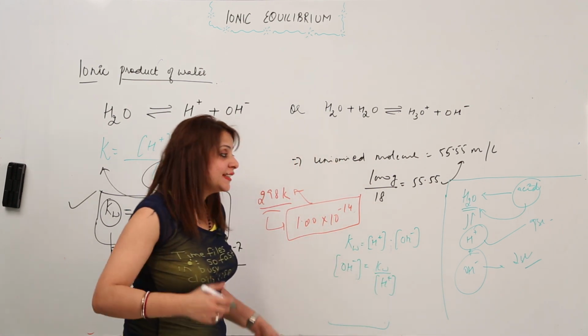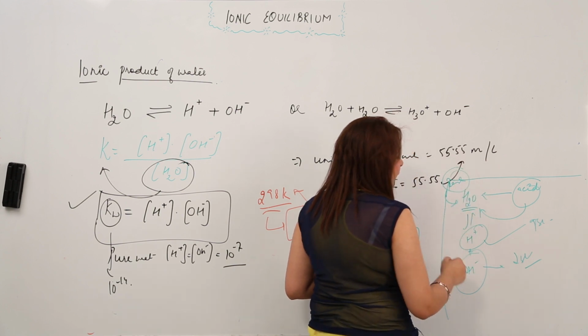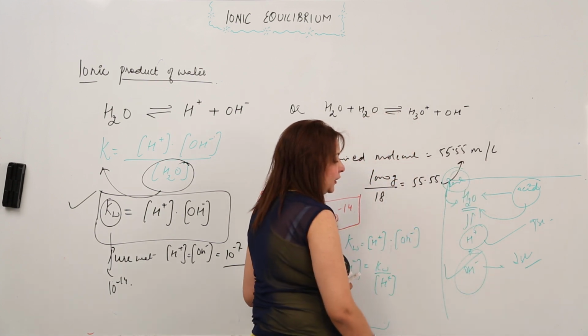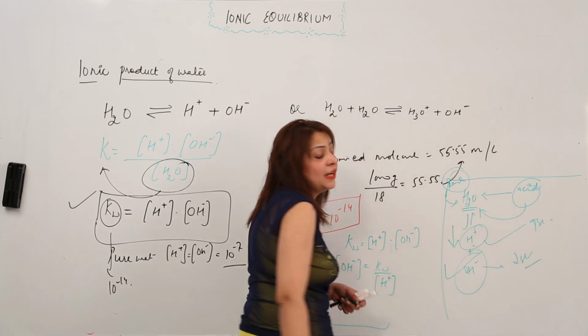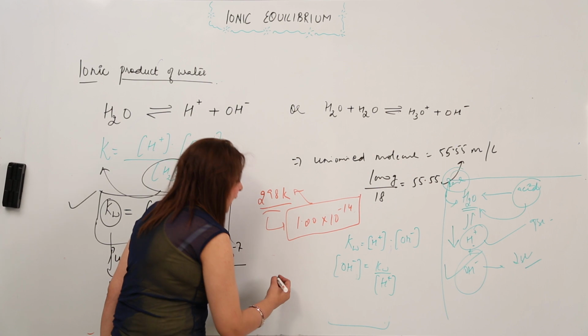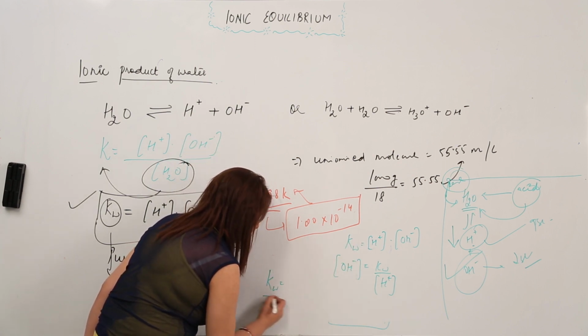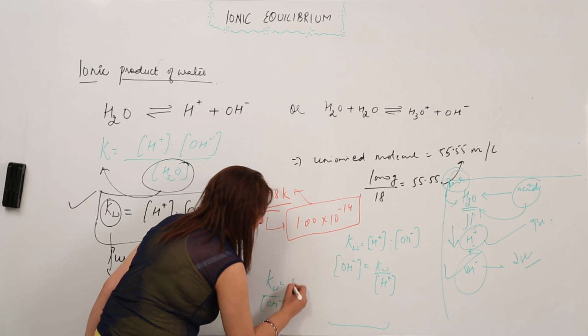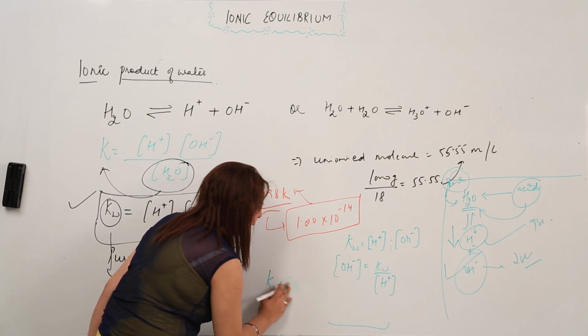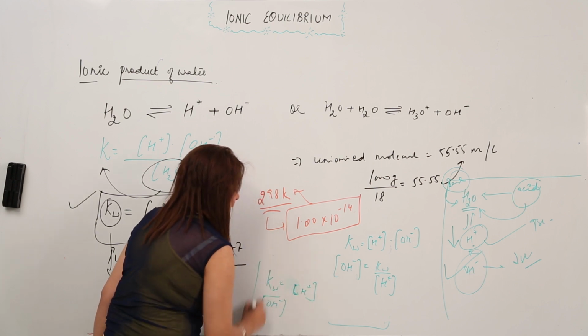Similarly, if I add some base to it, then the concentration of hydroxide ion will increase and likewise the hydrogen ion will decrease. If I want to know the decrease in the hydrogen ion, I can take the same thing, that is Kw divided by hydroxide ion gives us the amount by which the hydrogen ions get lowered.